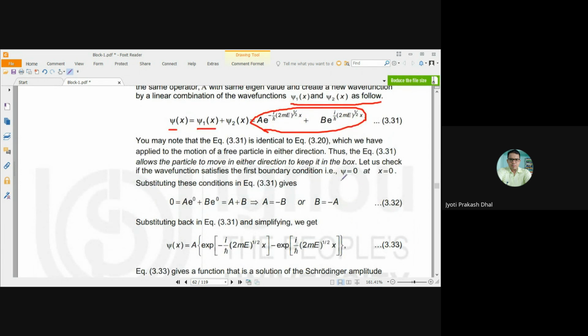And if we apply the first boundary condition to this new wave function psi, the first boundary condition is psi equals 0 when x equals 0.